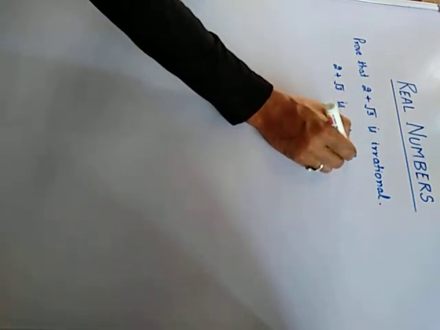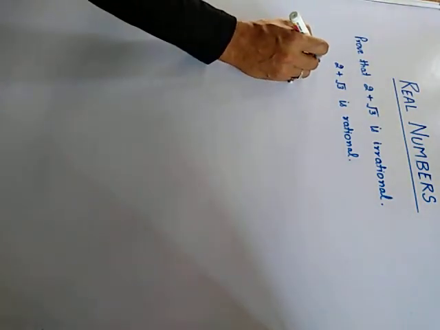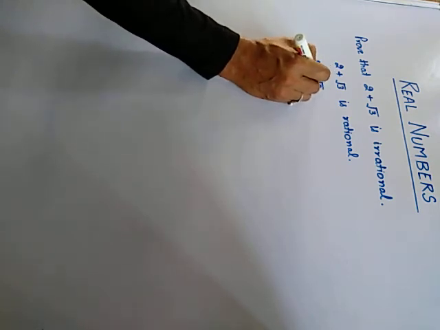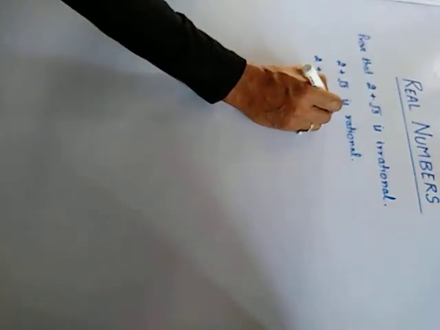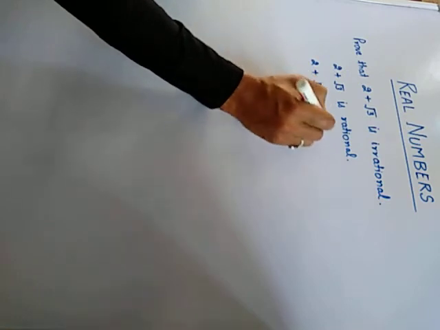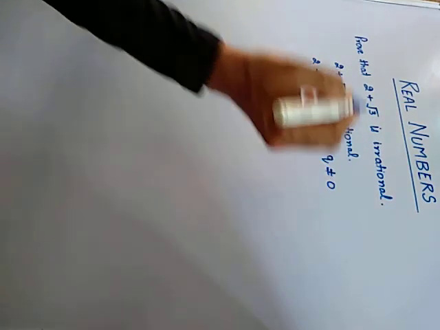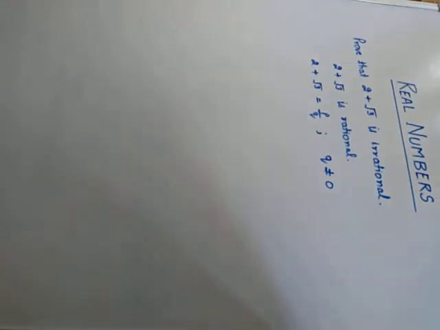On the contrary, now if 2 plus root 3 is rational, then we can write 2 plus root 3 in the form of p upon q, where q is not equal to 0.